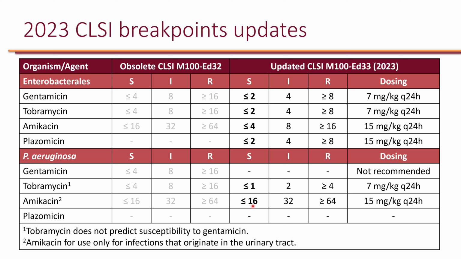The only thing that has changed is that this is only good if you are using it for a urinary tract infection. So if you have Pseudomonas in the urine, using 15 milligram per kilo once a day dosing, we're going to get enough concentrations in the urine, but not anywhere else in the body. So for any systemic infection, amikacin is no longer considered active against Pseudomonas.